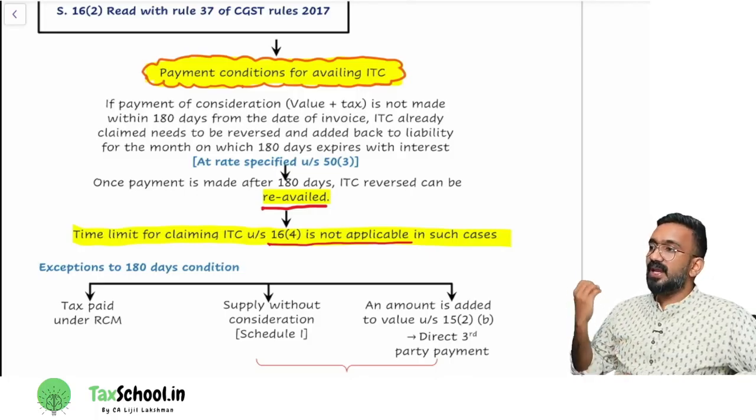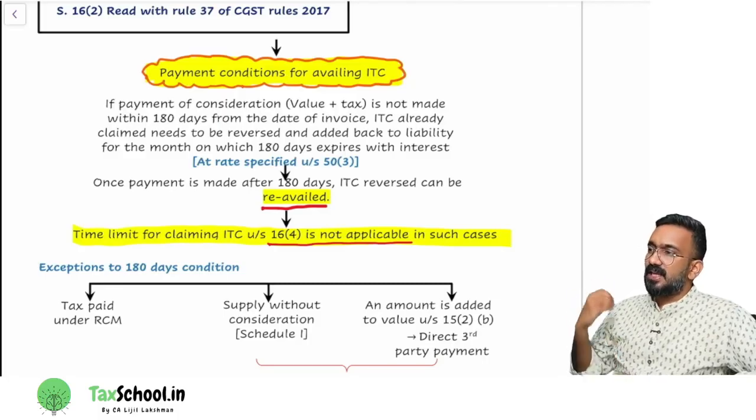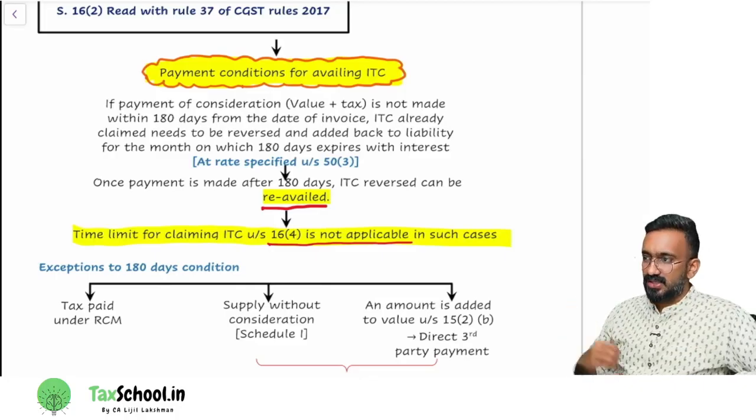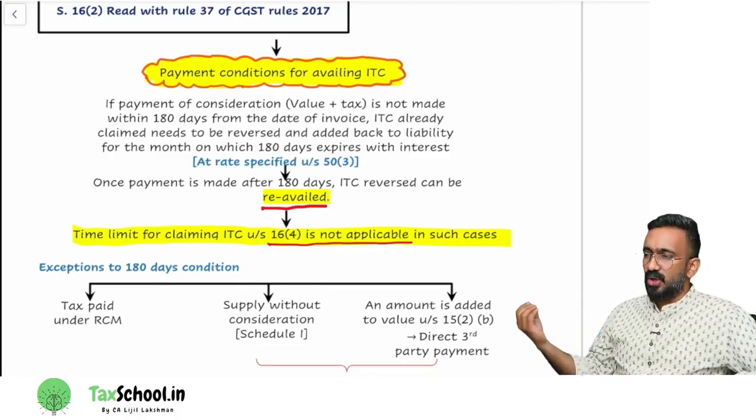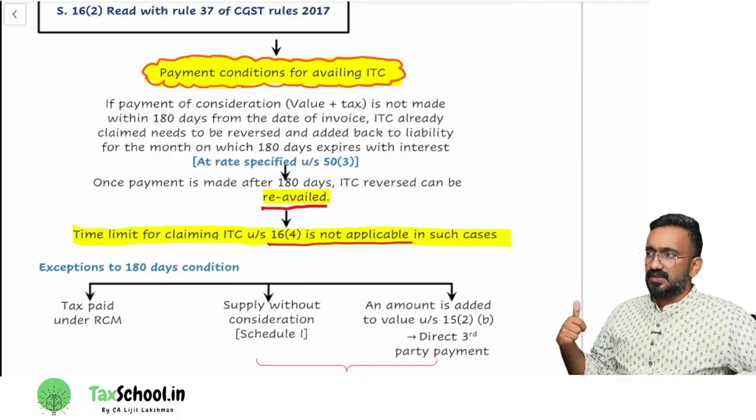Once payment is made after 180 days, ITC reversed can be reavailed. The time limit for claiming ITC under 16.4 is not applicable in such cases. There are 3 exceptions where this 180 days condition will not be applicable: when tax is paid under RCM, and there is supply without consideration, and amount is added to value under 15.2b.